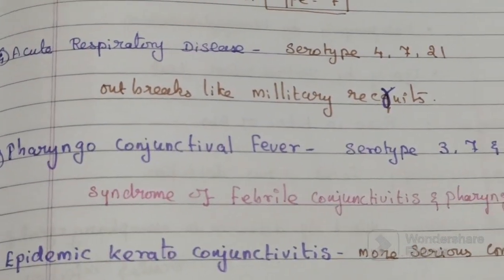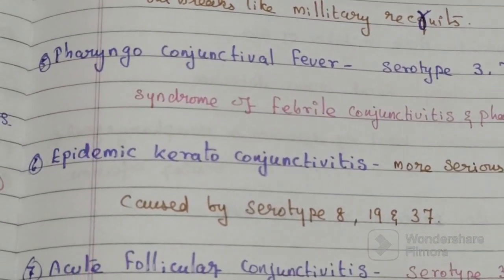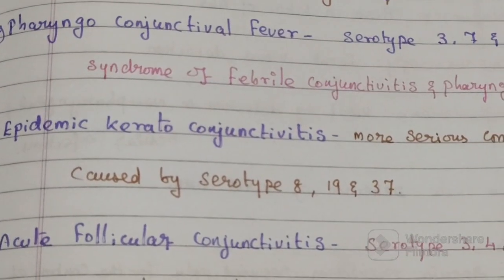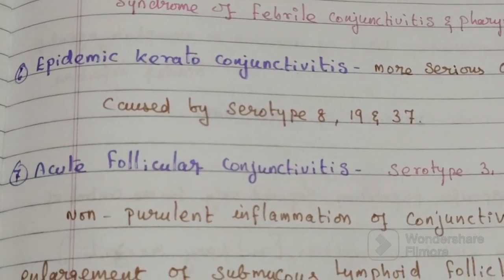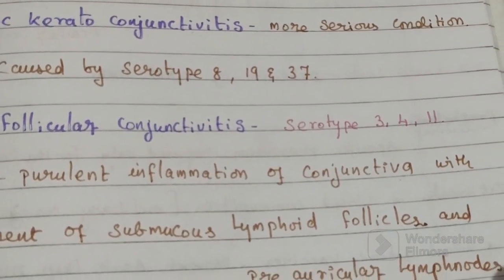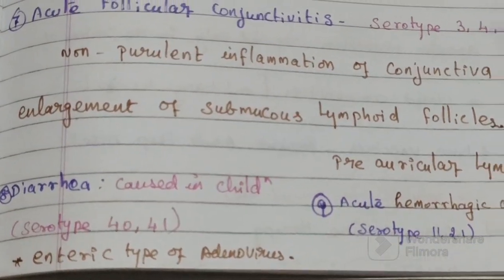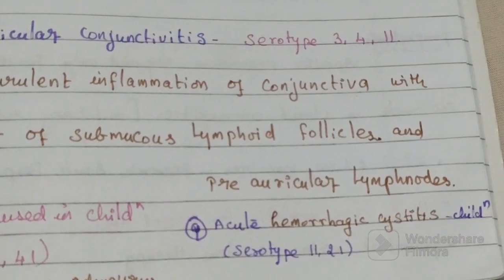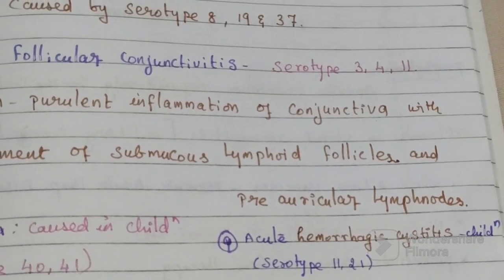Pharyngoconjunctival fever, serotypes 3, 7 and 14. Epidemic keratoconjunctivitis, serotypes 8, 19, 37. Acute follicular conjunctivitis, serotypes 3, 4, 11. Diarrhea, serotypes 40, 41. Acute hemorrhagic cystitis, serotypes 11 and 21.